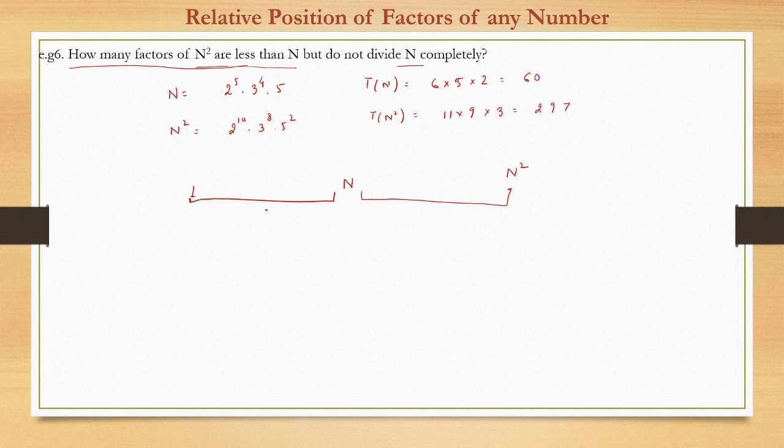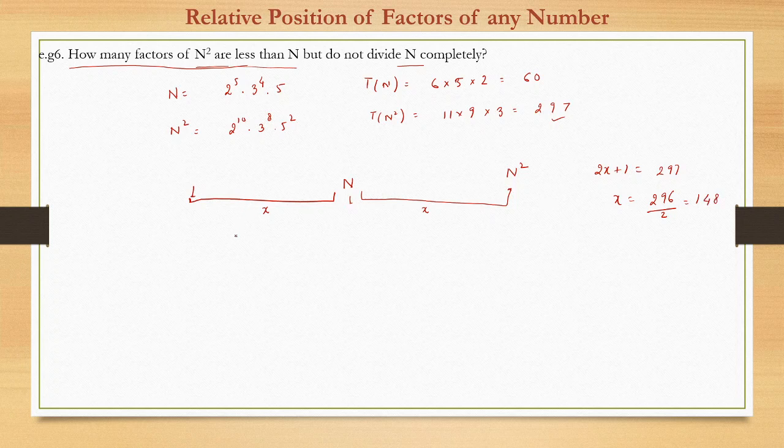Let's suppose x number of factors are less than n, and x number of factors are more than n. So how many factors does n square have? x plus x and this 1 n. So 2x plus 1 is equal to 297. So x is equal to 296 by 2, which is 148.